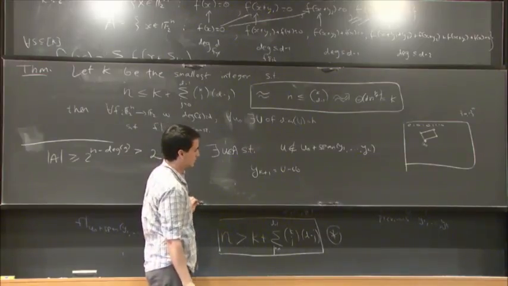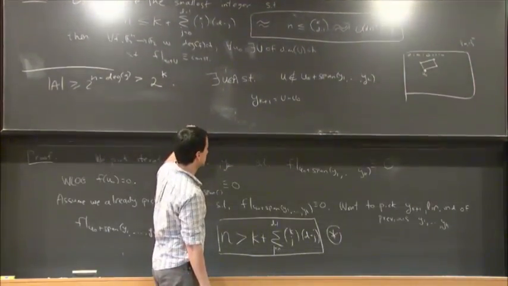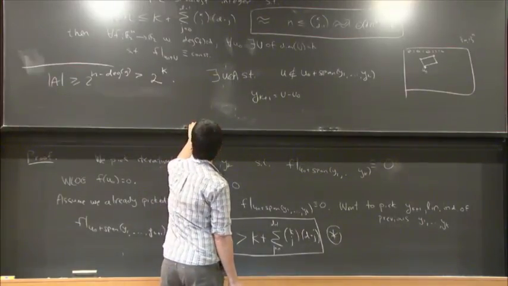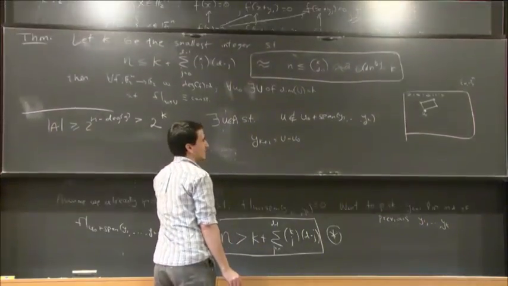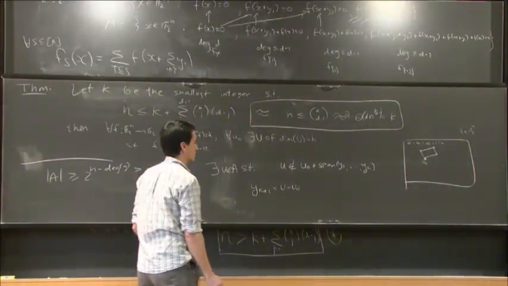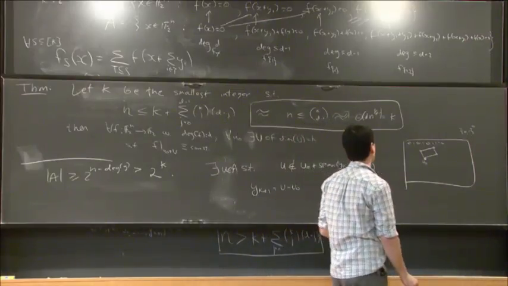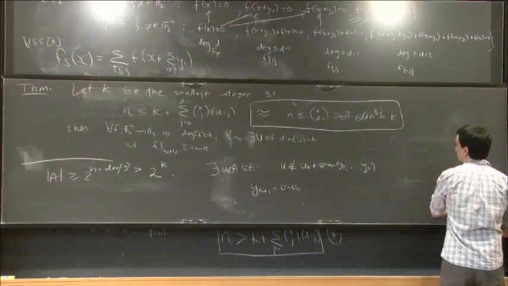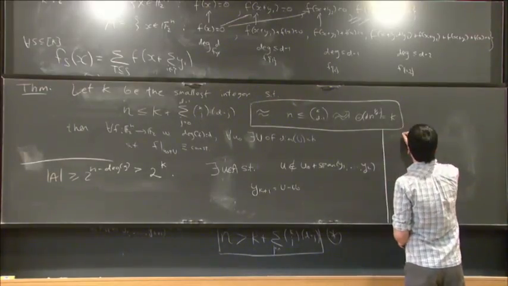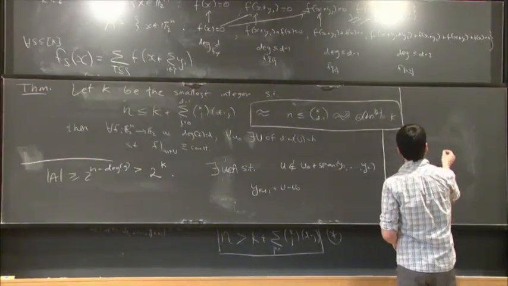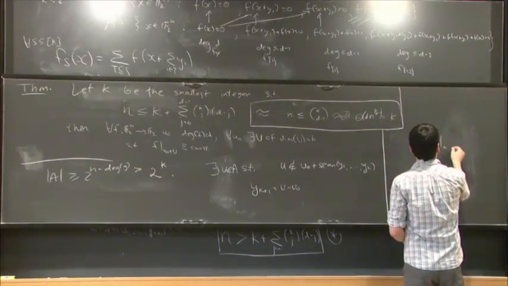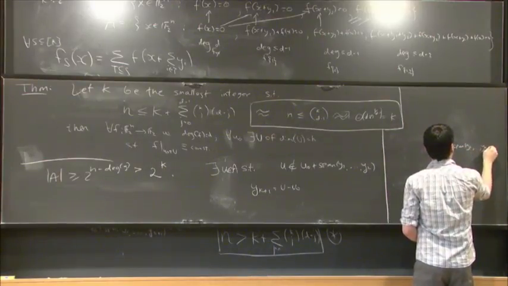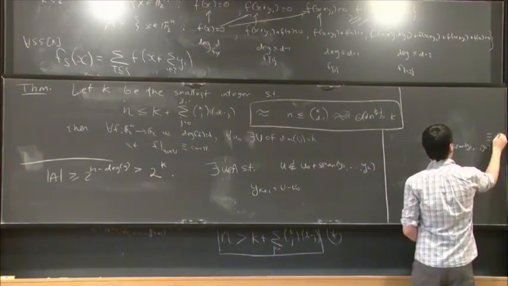Okay, so what do we have? We know that f on u plus the span of y1 up to yk is 0.